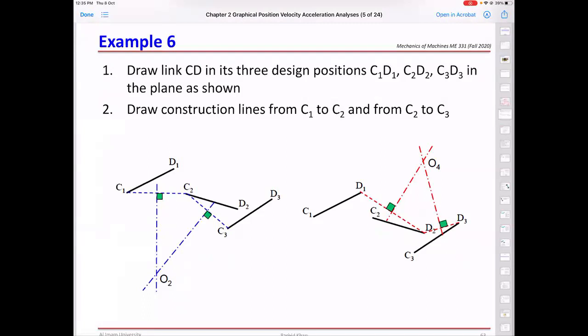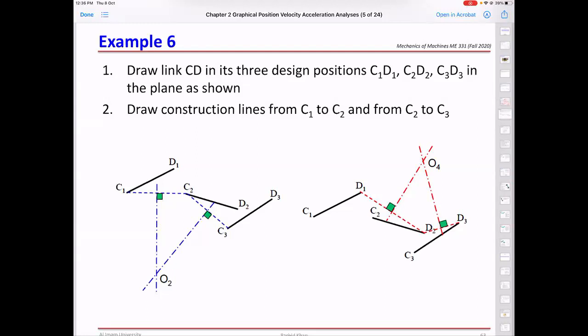Normally, not for all links, but for the output link, we know at least the initial and the final position in order to design the mechanism. Like we knew rocker output, sometimes coupler output. Based on that, we know all these three locations.